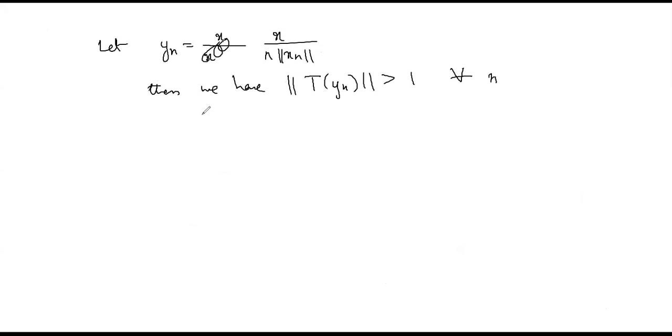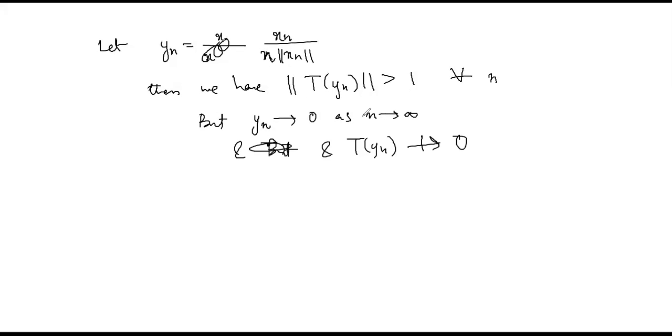I have renamed it. But y_n, as you can see, converges to 0 as n approaches infinity, since n is in the denominator. So y_n would converge to 0, but T of y_n does not converge to 0, because its norm is bigger than 1 for all n, however large n we take. This contradicts our supposition. We said T is continuous at the origin, but by this, T is not continuous at the origin. This contradicts that T is continuous at the origin.